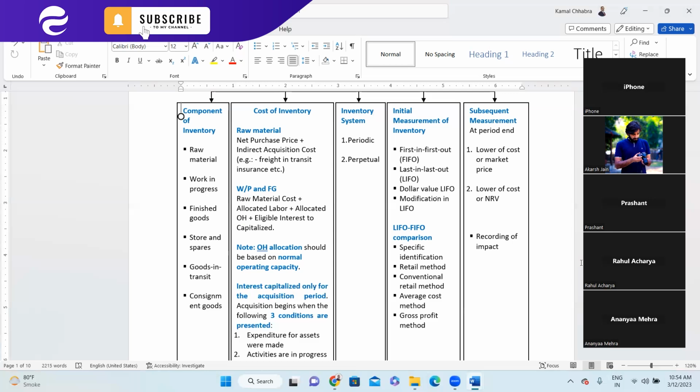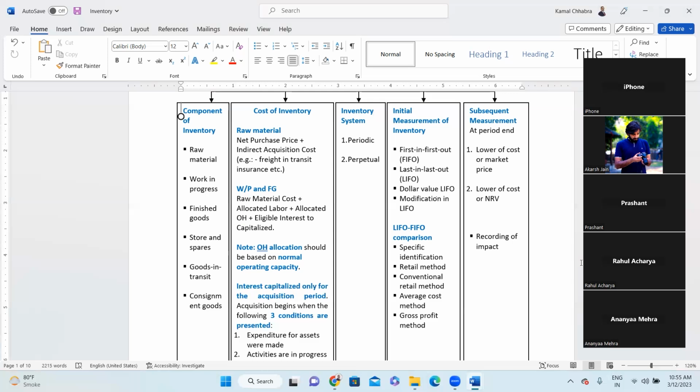Right. So at a high level, you got an idea, but don't worry, we'll discuss in detail. The periodic system of inventory means that once in a month, once in a quarter, once in a year, or semi-annually, you do a physical count of inventory, right? Based on that, you identify your closing inventory, and then adjusting that closing inventory, opening inventory, and purchases, you reach the amount of cost of goods sold.